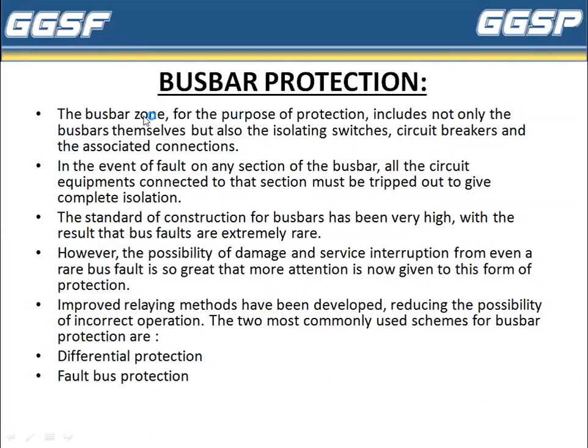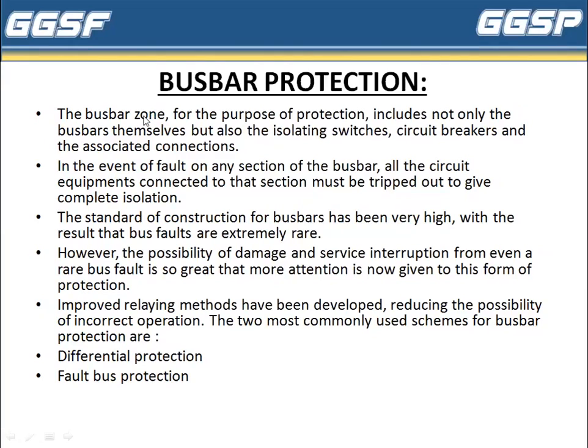The standard of construction for busbars has been very high, with the result that bus faults are extremely rare. However, the possibility of damage and service interruption from even a rare bus fault is so great that more attention is now given to the form of protection. Improved methods have been developed, reducing the possibility of incorrect operation.